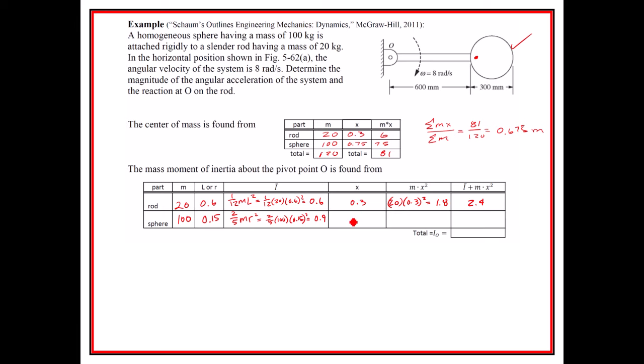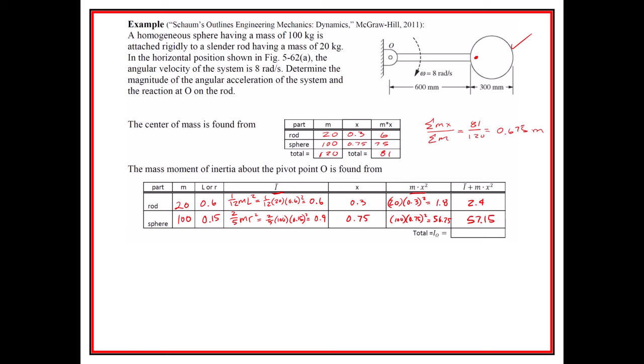The distance it needs to move to get to that pin O is 0.75, so we take 100 times 0.75 squared, and it ends up with 56.25. We add this I together with the parallel axis theorem term, m times x squared, and it comes out to 57.15.